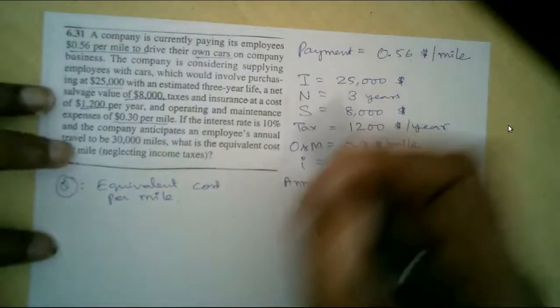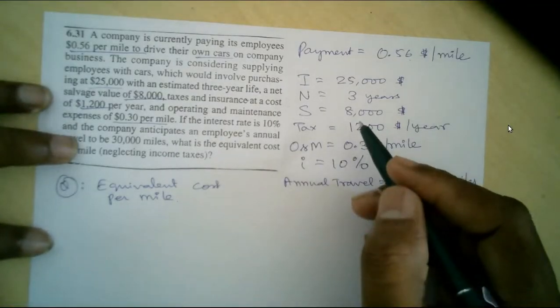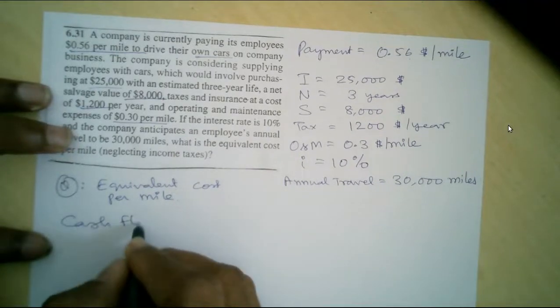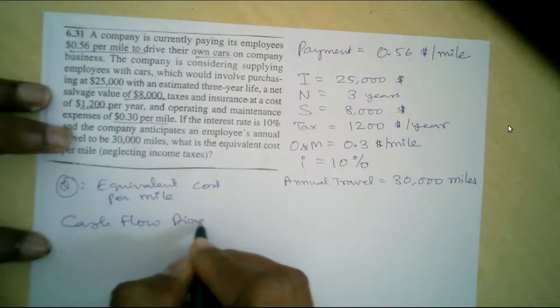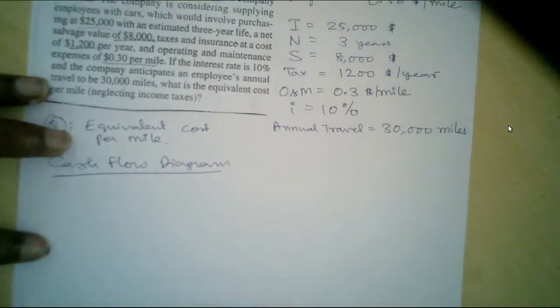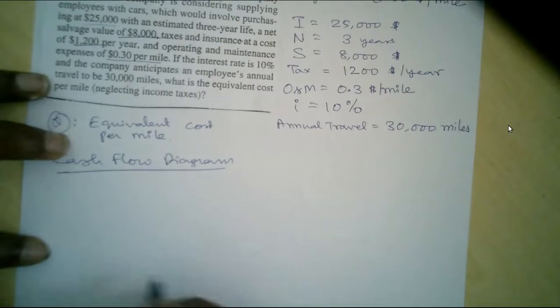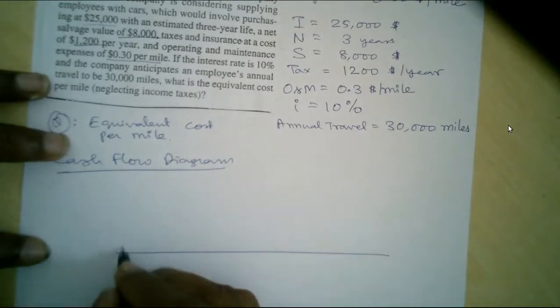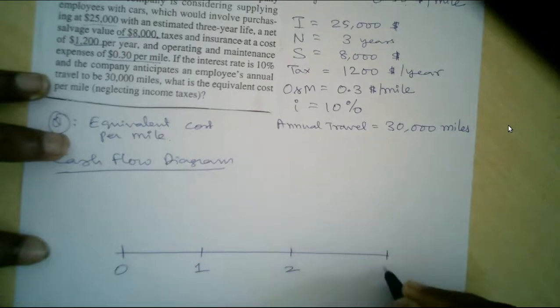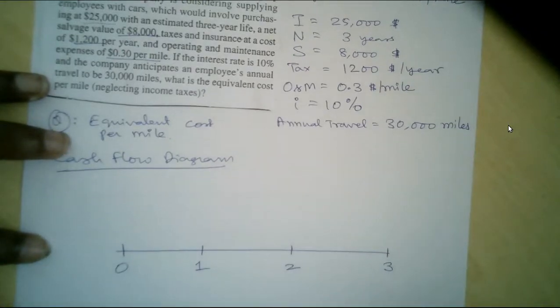Anyway, so now we simply make a cash flow diagram. That is the first step usually. So what is the cash flow diagram? I can have 0, 1, 2, and 3 years because it's a 3-year thing.